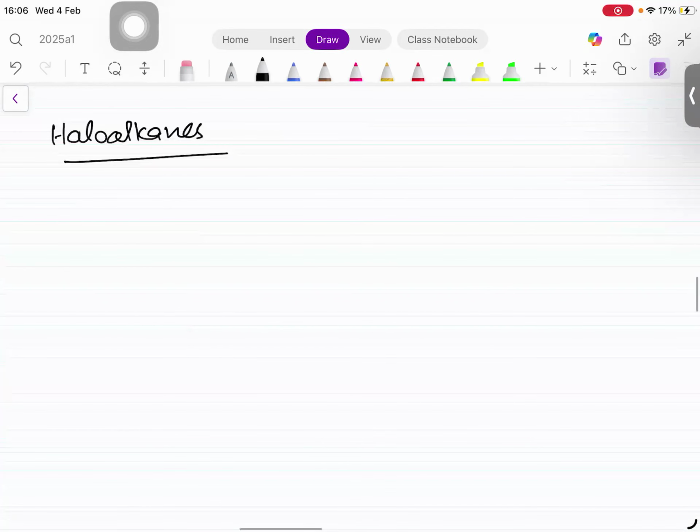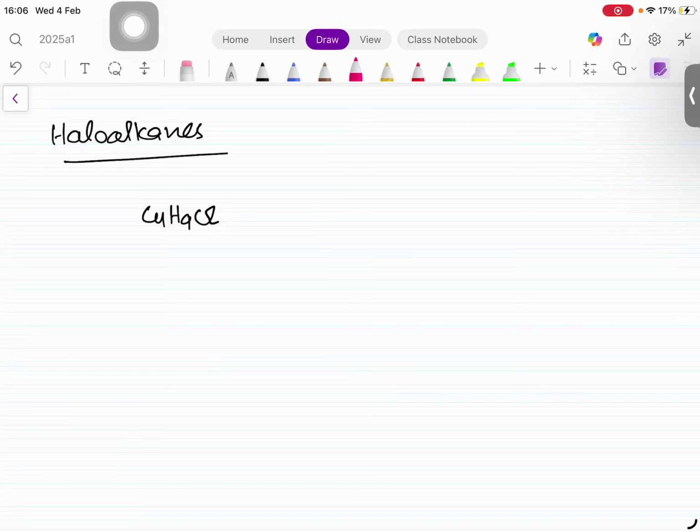Here it is, C4H9Cl. Can you draw all chain and position isomers for C4H9Cl and tell me the total number? Total number. First draw it.